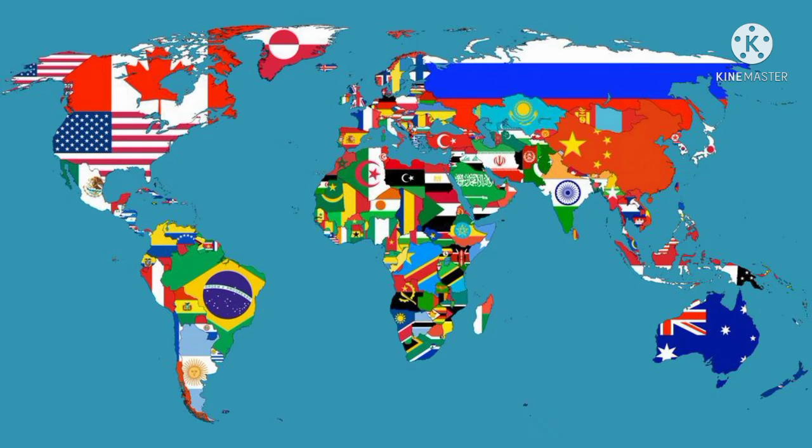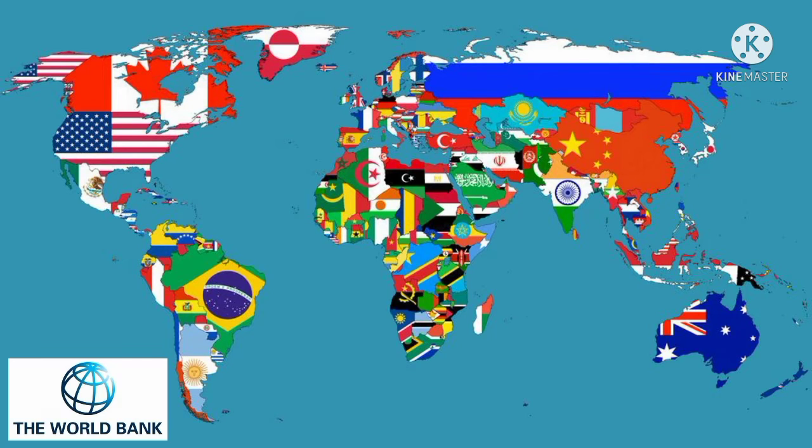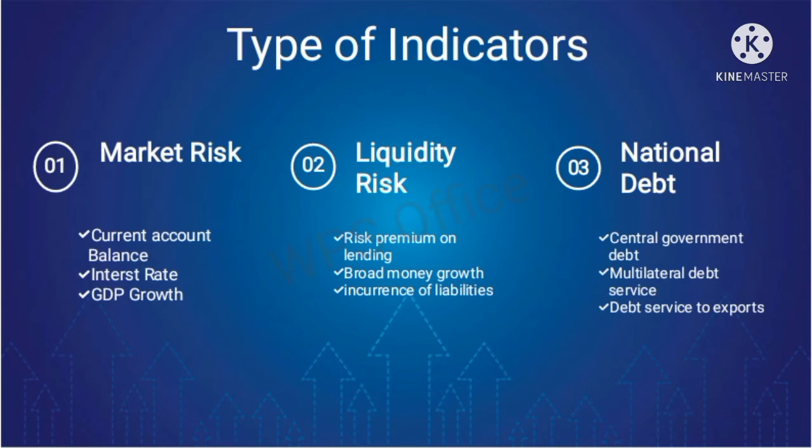Based on data, this study extracted indicators from the World Bank's World Development Indicators (WDI). For the dimensions, economic risk includes current account balance, interest rate, and GDP growth. Liquidity risk includes risk premium on lending, broad money growth, and incurrence of liabilities. And national debt includes central government debt, multilateral debt service, and debt service to export.